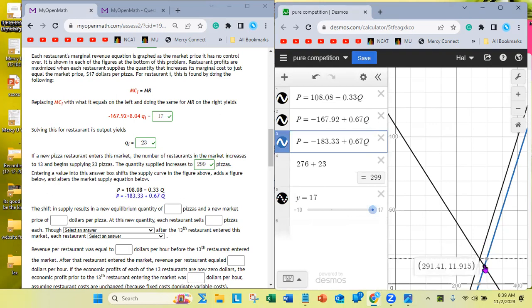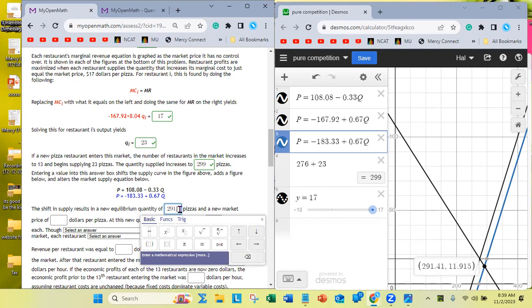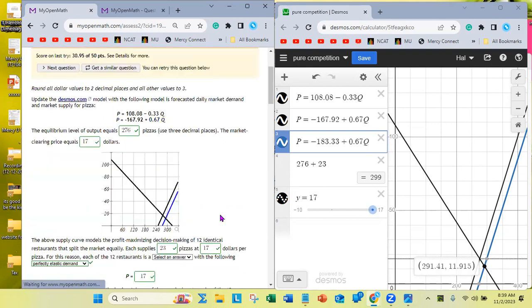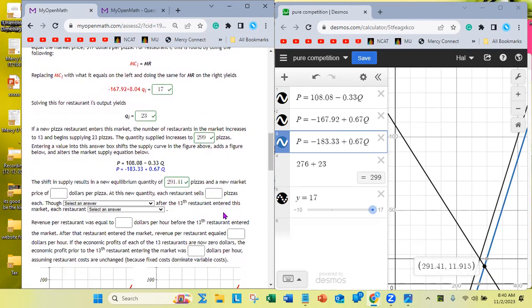What was that again? 291.41. And a new market price, which is either 11.91 or 11.92, because I'm not sure if this is a 5 when it's rounded. It might have been 4952 before it was rounded to 3 decimal places, or it might be 5132. So if 11.91 doesn't work, we'll do 11.92.